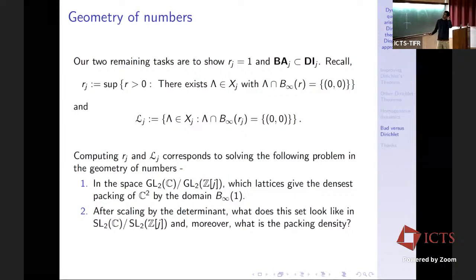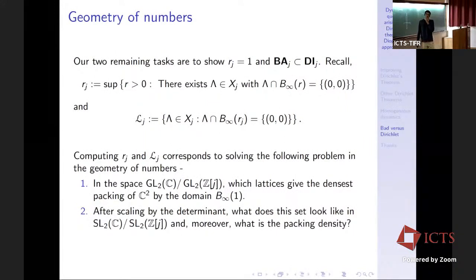Recall the definition of Rj, the critical radius, and the critical locus. This is where sphere packings come in. If you look at the definitions of Rj and Lj and think about it a little, you see that answering the questions, what is Rj and what is Lj, corresponds exactly to solving these things.